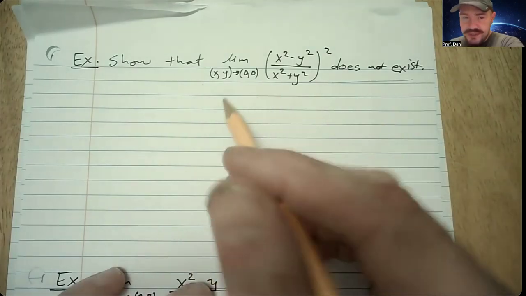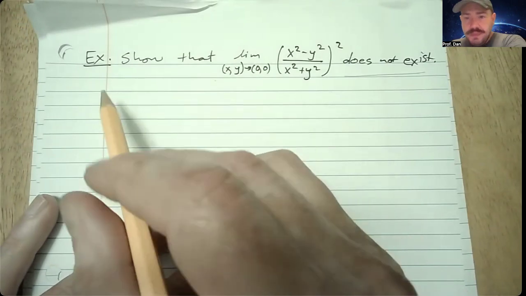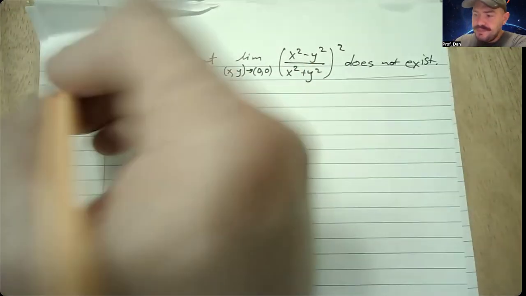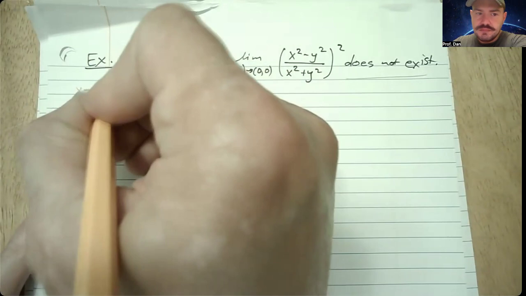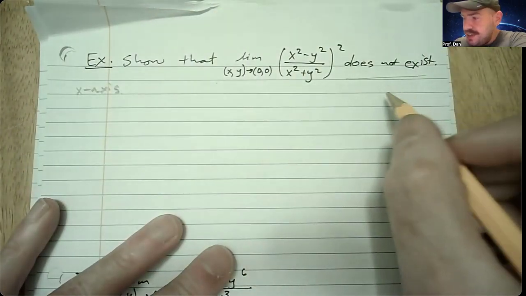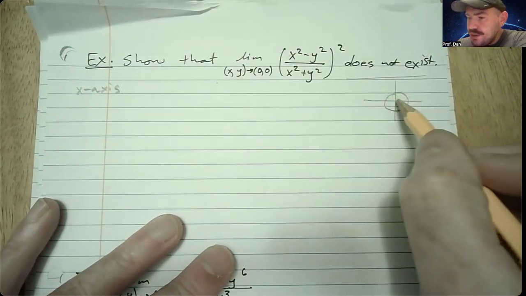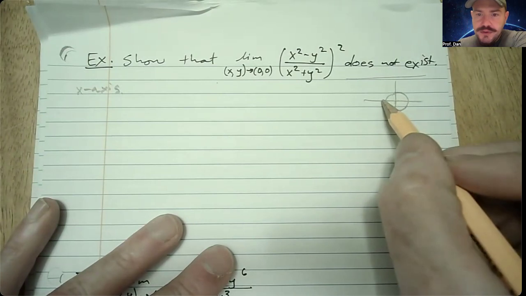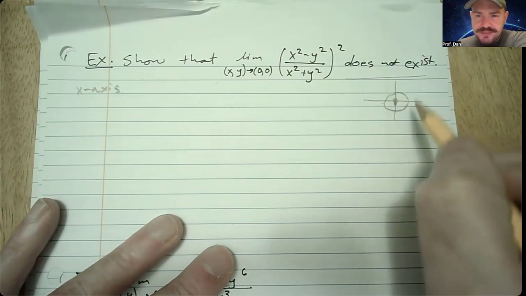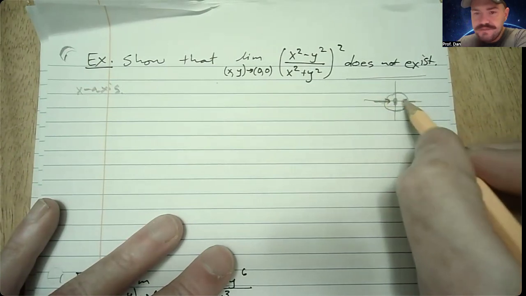So one example, I could approach along the x-axis. So think about it, we're approaching the origin, right? From within this circle. I could approach this point along the x-axis from either direction.